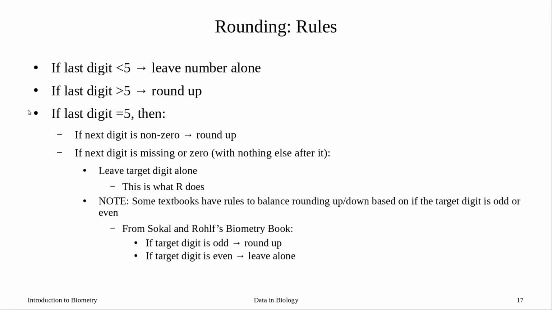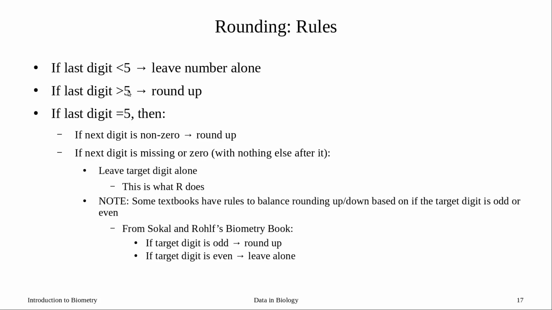So how do we round? We're going to follow these rules, and I'm sure you've used them before if you've rounded any type of data. We have a target digit that we want to round to. We then go to the next digit and determine, is it less than 5, is it greater than 5, or is it equal to 5? If it's less than 5, then we leave our target digit alone.